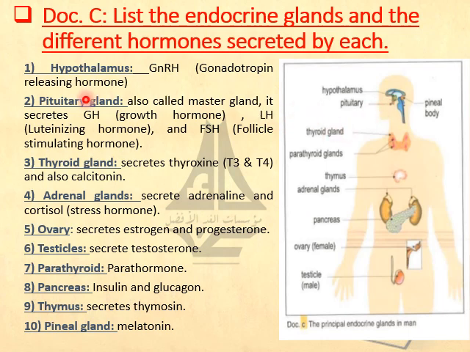Second, we have the pituitary gland, the master gland. It secretes two important hormones, LH, the luteinizing hormone, and FSH, follicle stimulating hormone.